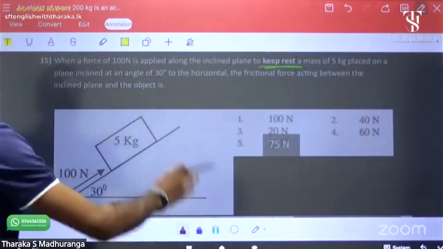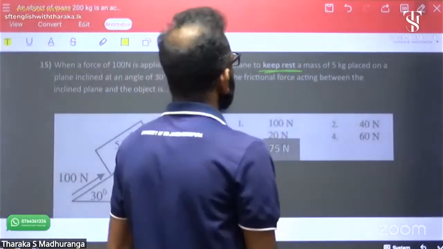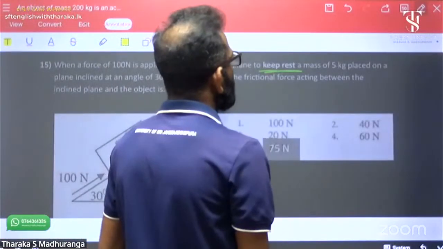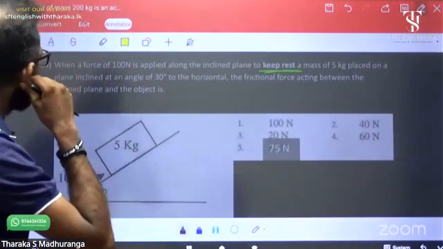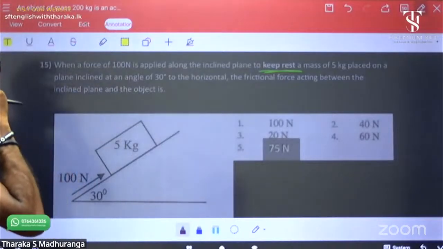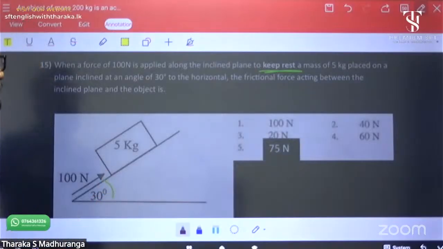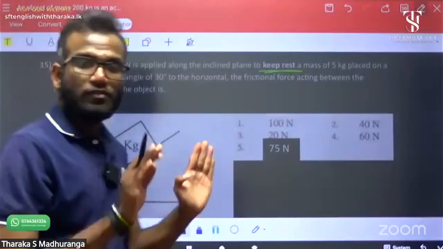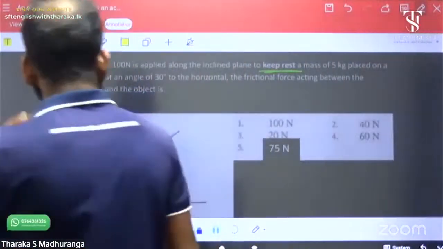When a force of 1000 Newton is applied along the inclined plane to keep rest a mass of 5 kilogram placed at an angle 30 degree to the horizontal level, the friction force acting between the inclined plane and the object is. The question asks, what is the friction force?